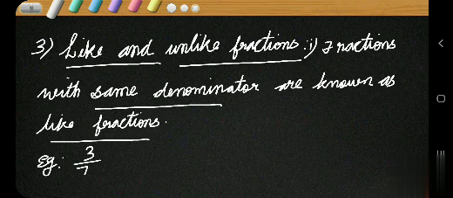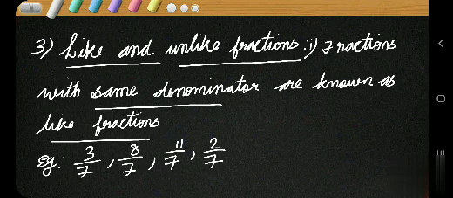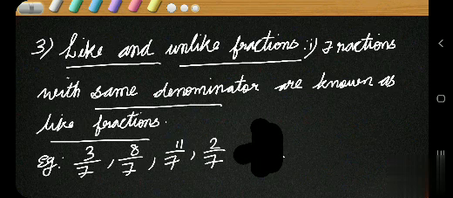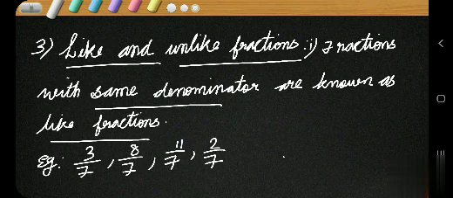So 3 by 7, then 8 by 7, then 11 by 7, then 2 by 7, isn't it? Are they all like fractions? Yes. Can we write 8 by 9 here? No, why? Here denominator is 9, so it won't be a like fraction. So have you understood? All these have the same denominator. What is the common denominator here? 7, isn't it? So these are known as like fractions.